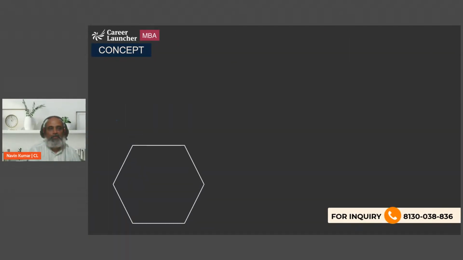So the first concept is in a polygon, the sum of all the external angles is fixed at 360 degrees.